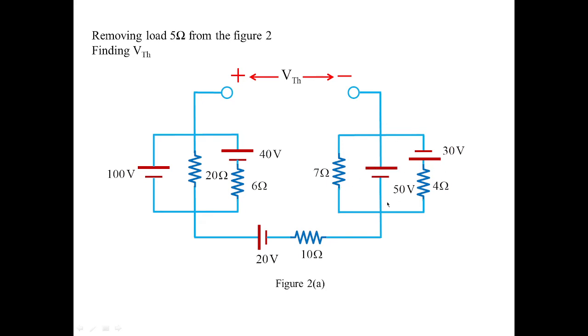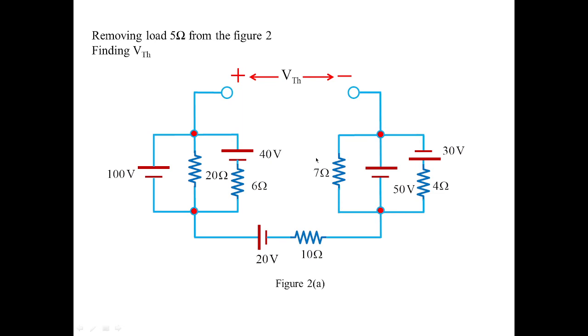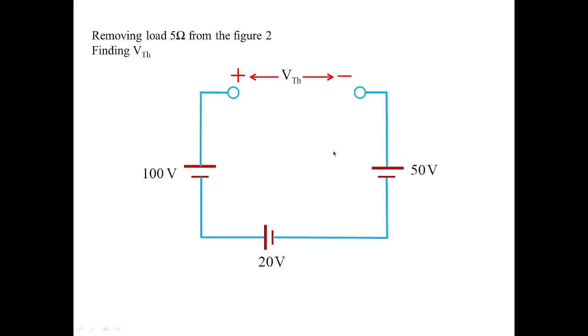So I can take the voltage directly as 50 on the left-hand side and 100 volts on the right-hand side, and anyhow I have obtained the 20 volts in series with 10 ohms, but this 10 ohms in series, since it's an open circuit, is going to be least bothered, and we have to take all the voltages which are present in this circuit. Now these are the identifying points of the parallel network. You can see how I have changed: I have taken 100, I have taken 50, I have taken 20, I have taken VTH. This is how the circuit gets simplified.